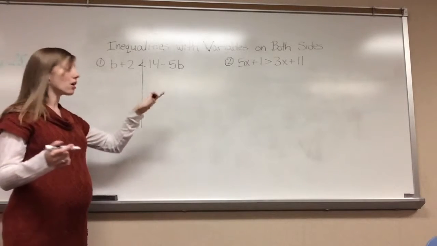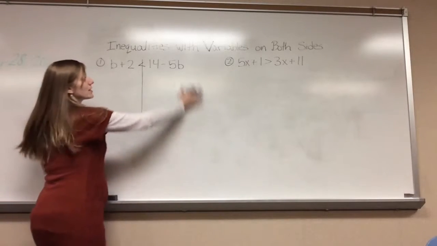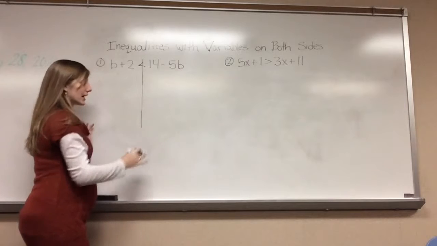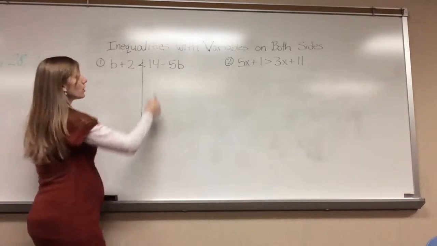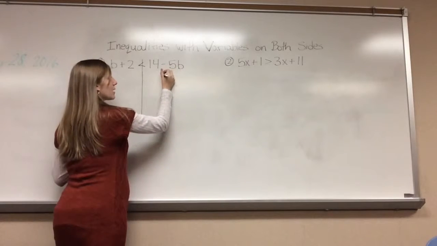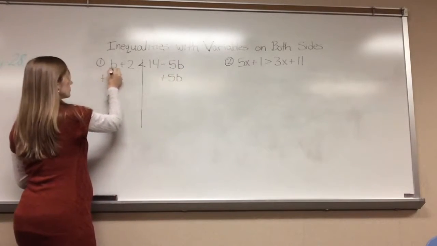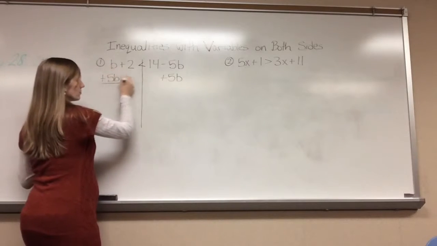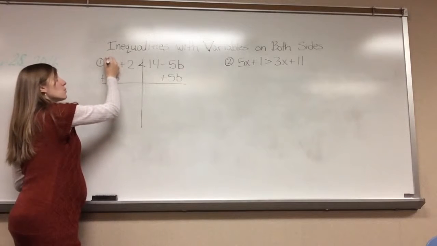I'm going to try to get all of my variables over on the left side, which means this minus 5b needs to cancel. And to cancel anything, we must do the opposite. So instead of minus 5b, I'm going to add 5b to both sides. Now remember, this b here at the beginning, there is a 1 in front.